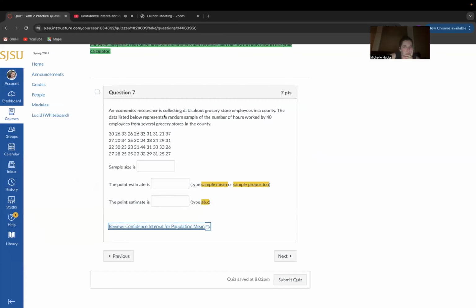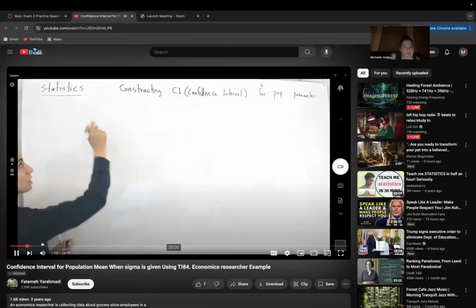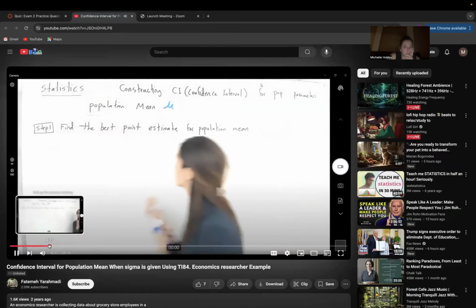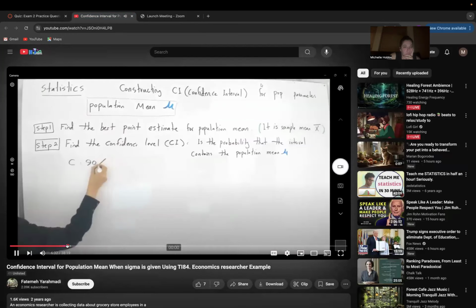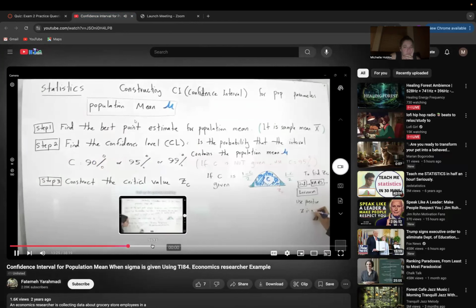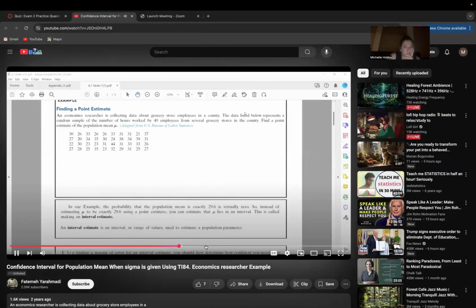When you're constructing a confidence interval for a population parameter on the mean, you have a correct. Remember that.